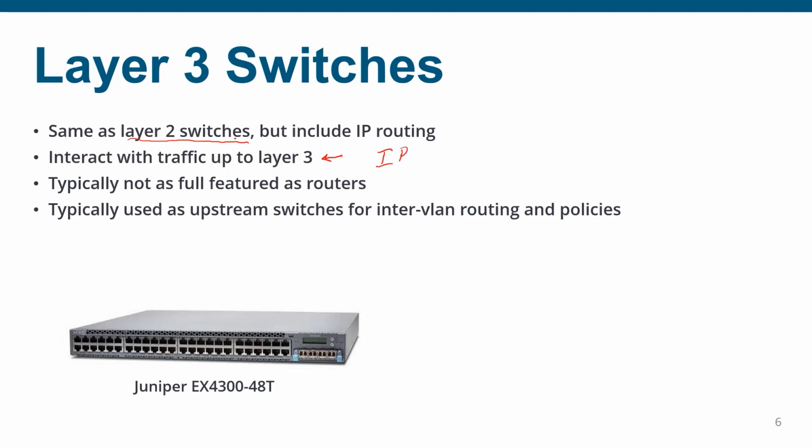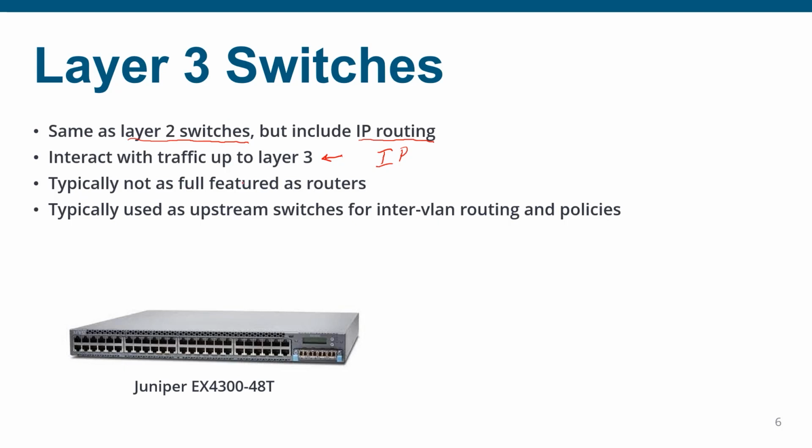Every port is its own collision domain, and generally these switches will also have the ability for multiple broadcast domains. However, they will also have the ability for IP routing, and that's to interact with our traffic up to layer 3. Now you might be thinking, well, what's the difference then between a layer 3 switch and a router? And the answer is not much.